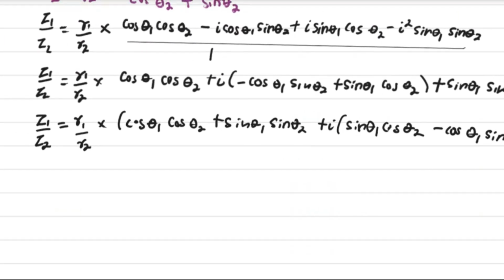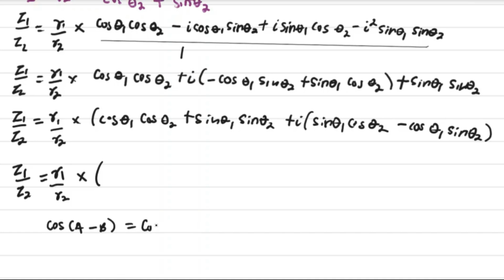Now from here, Z1 over Z2 is equal to R1 over R2 times, open brackets, now cos A minus B is the same thing as cos A cos B plus sine A sine B. Why?